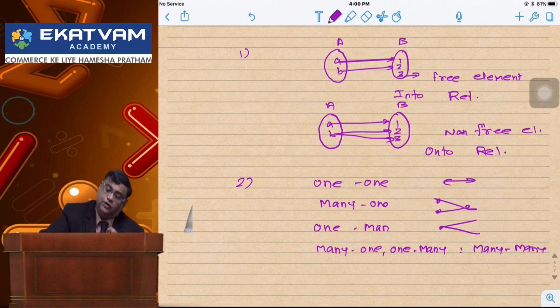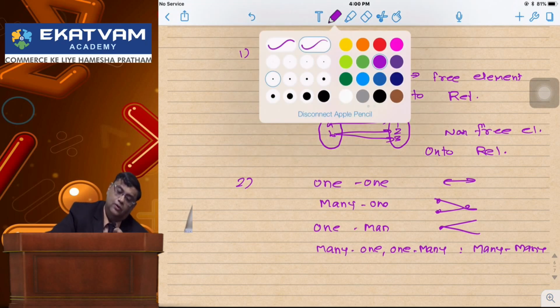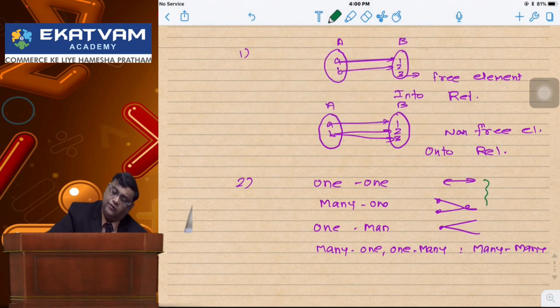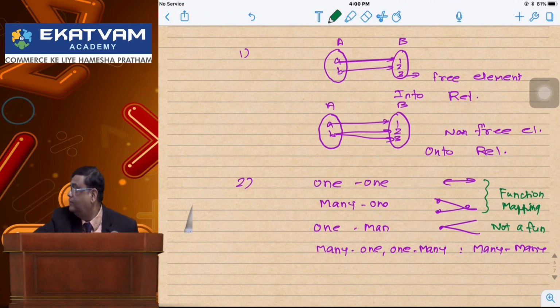But out of these, the first two are treated as functions or mapping. Whereas the moment you see 1-many, this is not a function. Of course, many-many will not be a function because 1-many is involved.